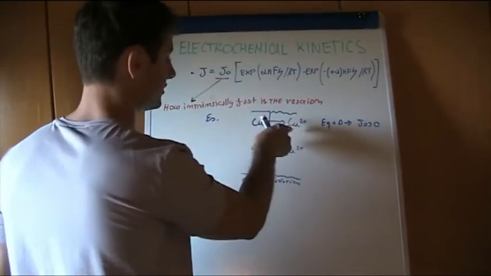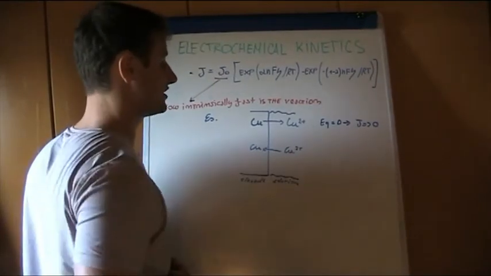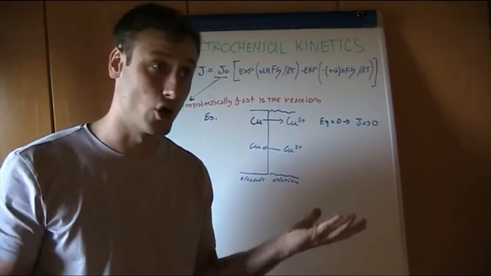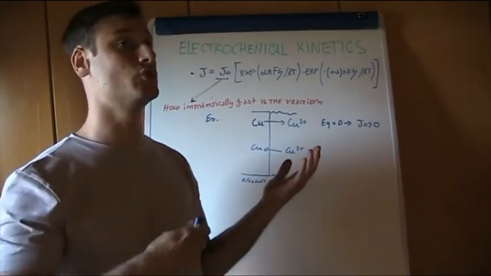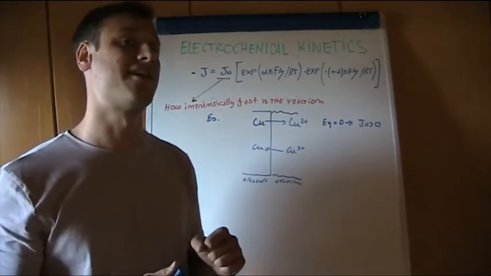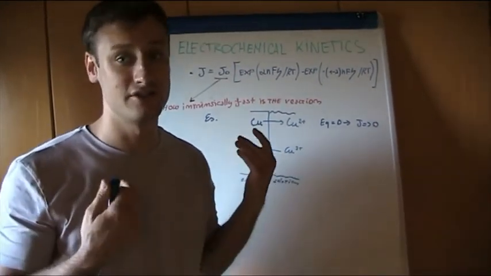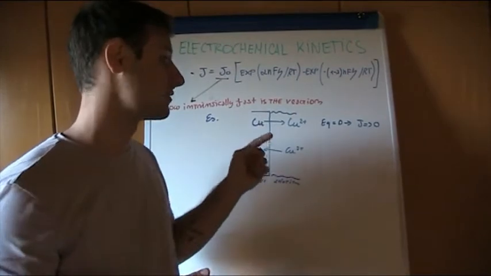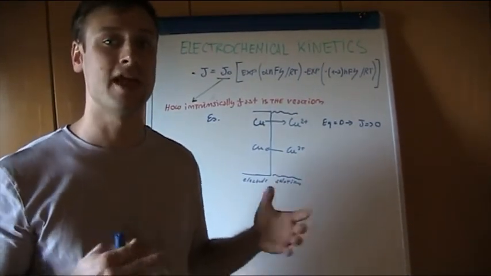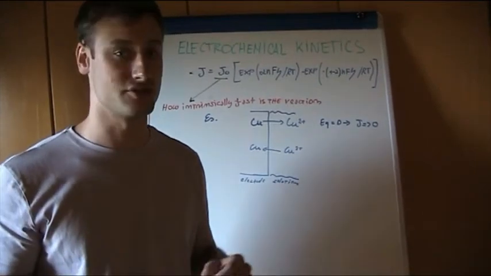And this speed is totally compensated with the same speed of the opposite reaction. And so the anodic current is compensated with an equal value of the cathodic current. If the current is a function of the rate, and if the two rates are proceeding in the same way, also the current contributions are the same, and the net total current is equal to zero.